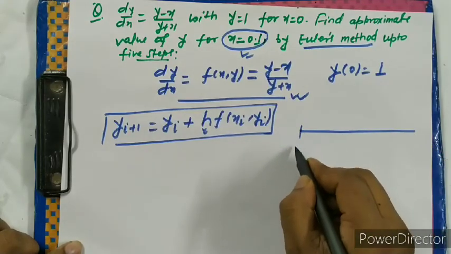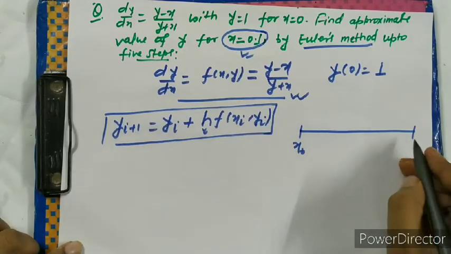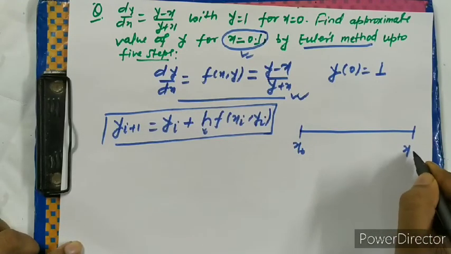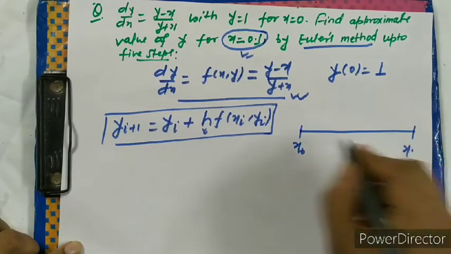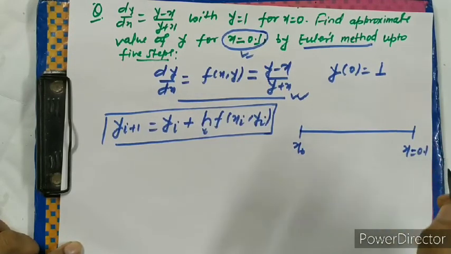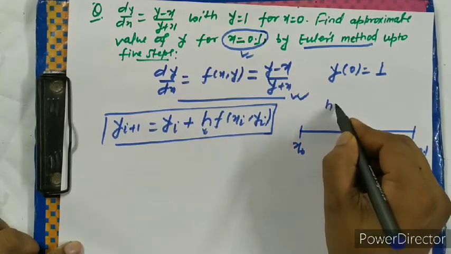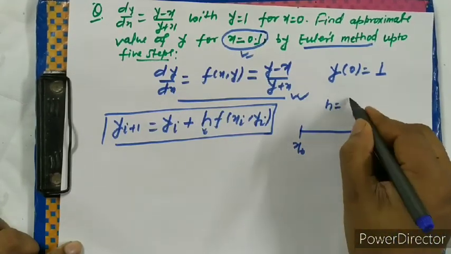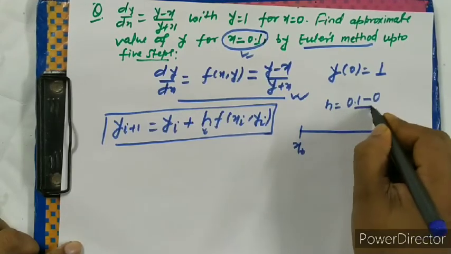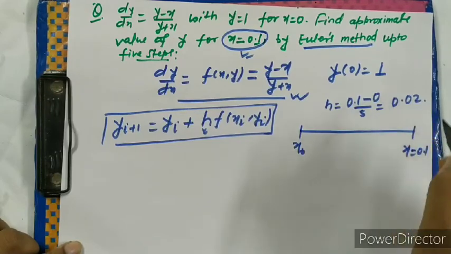We are given the value at x naught, and we have to find the value of y at x is equal to 0.1. So h is equal to 0.1 minus 0 divided by 5, which is equal to 0.02.